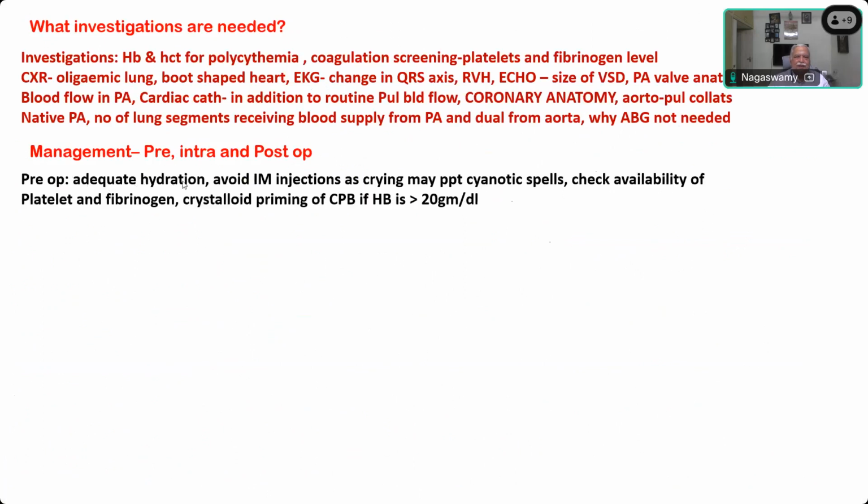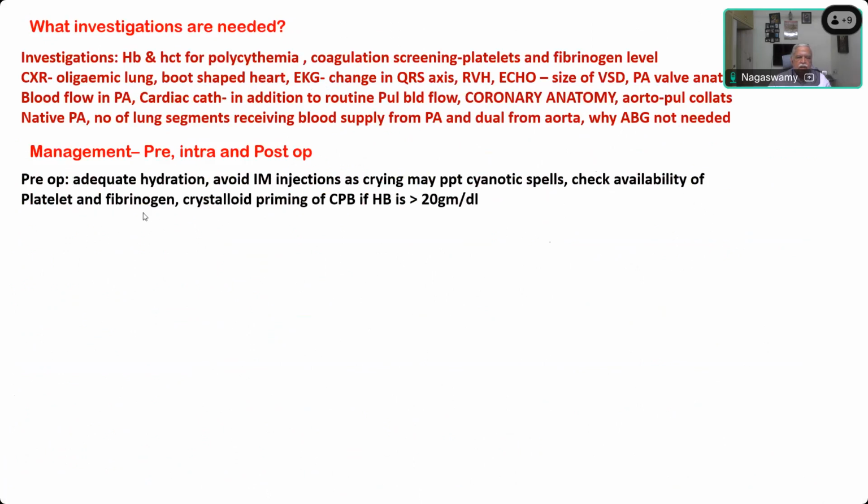Okay, so pre-op: adequate hydration. Sometimes when the hematocrit and Hb are very high, these children may have a hemoglobin of 18 to 20. If the blood is so thick and viscous, you have to do what is called preoperative hemodilution, reducing it so that the peripheral capillary flow will be good. And avoid IM injections, as crying may precipitate a cyanotic spell.